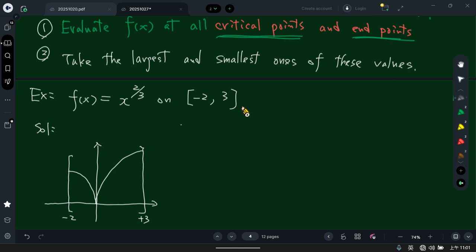So the first step is we need to try to find its critical points.